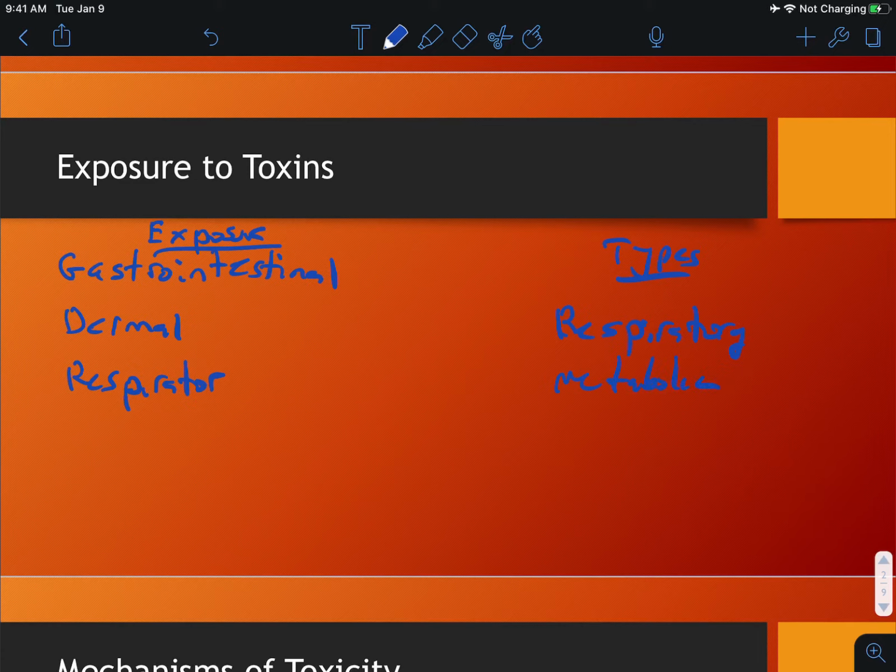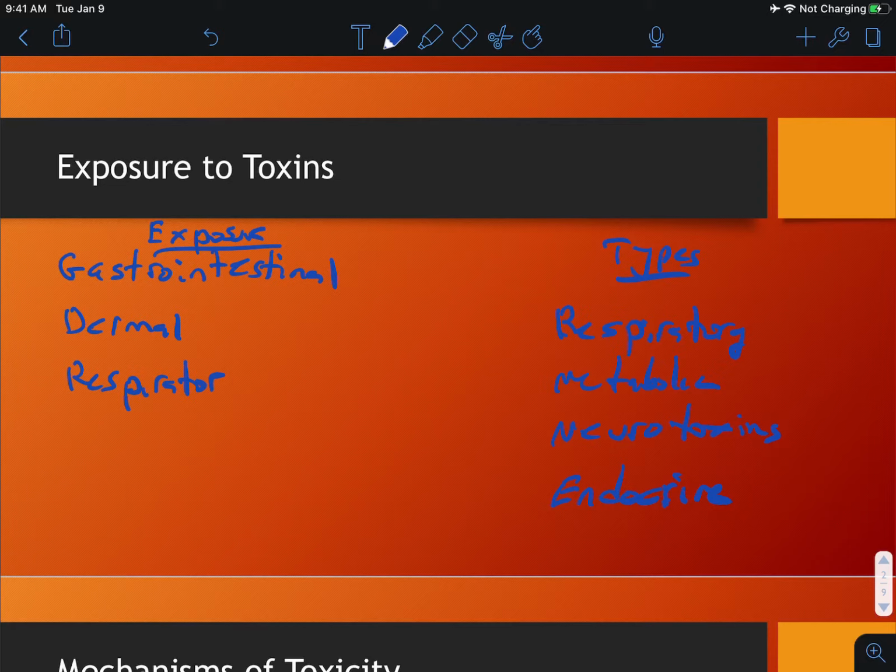And then you have neurotoxins. And endocrine toxins. This is just in both cases, we're just naming some of the common ones that we come across.